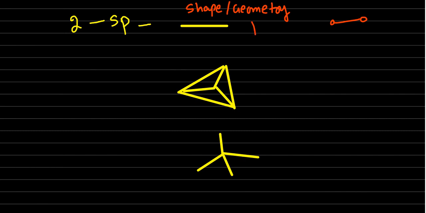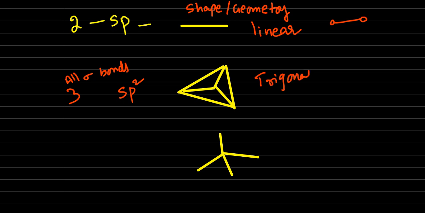Suppose the total is 3, all sigma bonds. The hybridization is sp2. The geometry is trigonal planar.